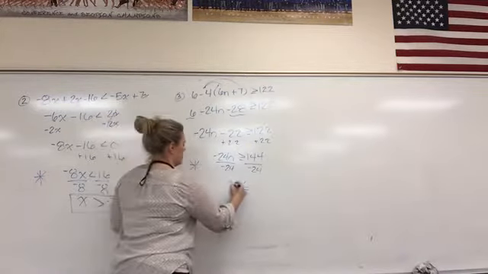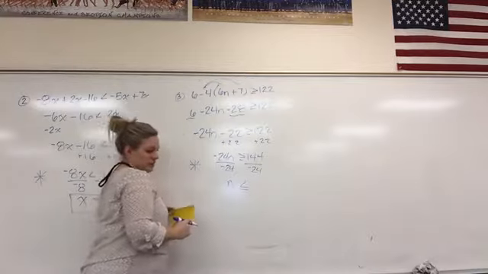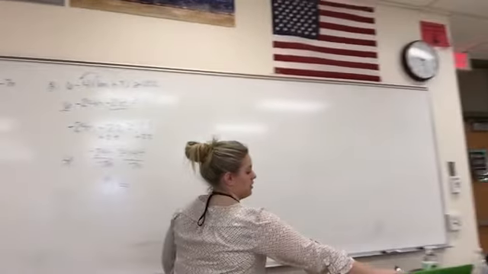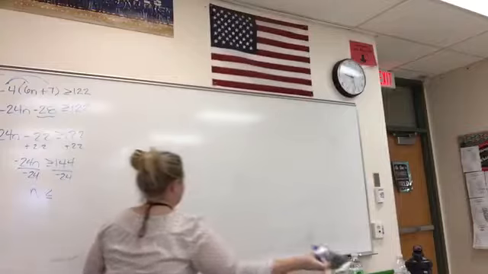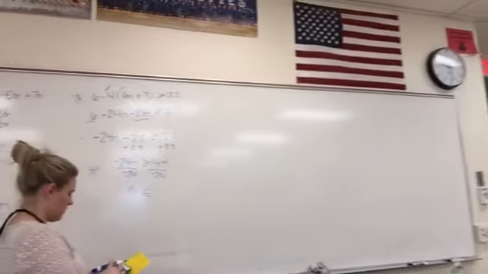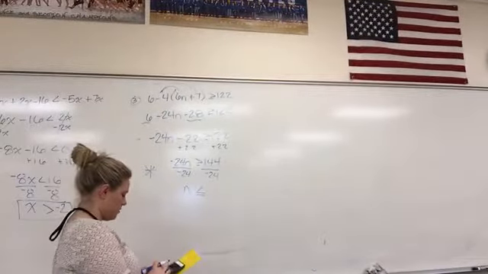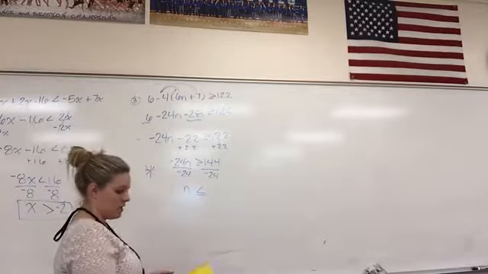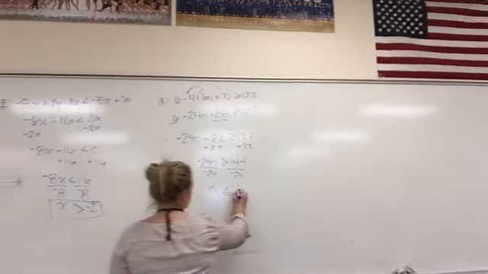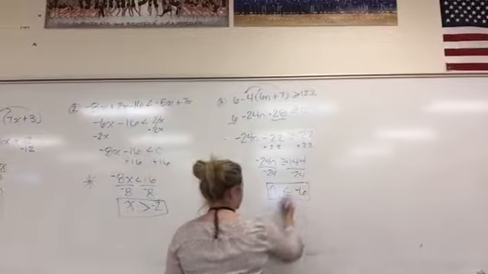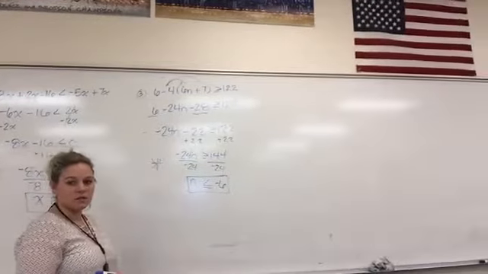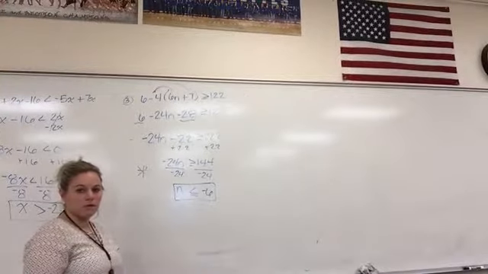I end up with n is less than or equal to, that one I might need to use my calculator on here. 144 divided by 24 is 6. So this becomes negative 6. We have n is less than or equal to negative 6.